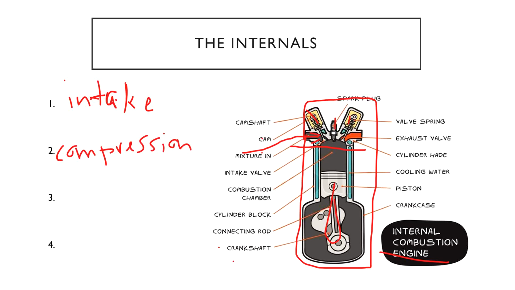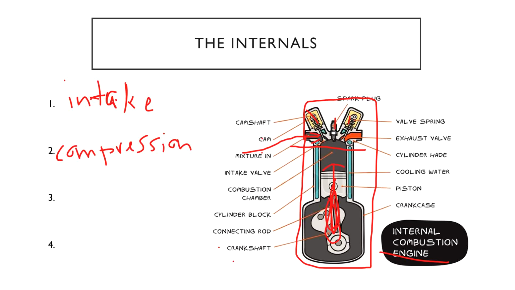So what happens with compression is this piston and connecting rod down here that I've talked about is on its way up, and that compresses the air and fuel mixture in this chamber. Let's see if I can change colors real quick.